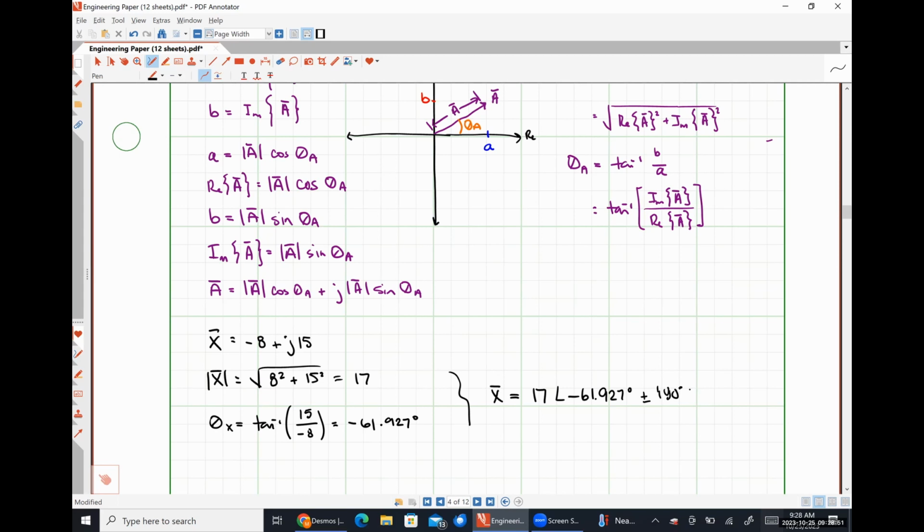I'm going to start with the TI, folks, because this will be slightly easier for you guys, and I'm concerned I might run out of time, but it'll be okay. For you TI folks, if we wanted to input the number -8 plus j15, I would type -8 plus 15, and then I would press the pi button 3 times.